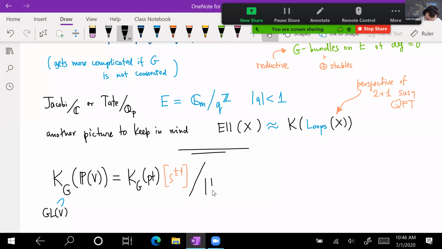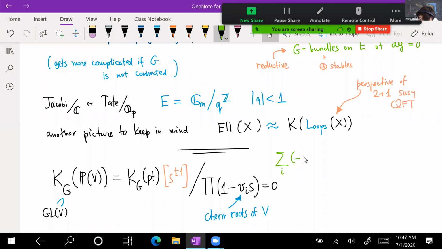It's the product of (1 minus e_i S) equals 0, where these are the Chern roots of V. This relation really means that the sum over i of (minus S) to the power i, times the i-th exterior power of V, equals 0.